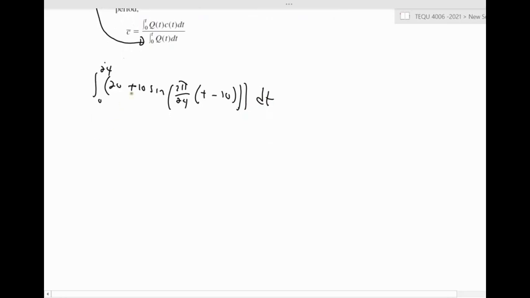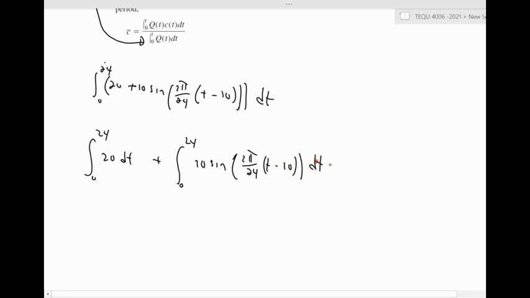So that will be the integral between 0 and 24 of the 20 dt, plus another integral that will go from 0 to 24, and that part will be for the 10 sine of 2 pi over 24 t minus 10.